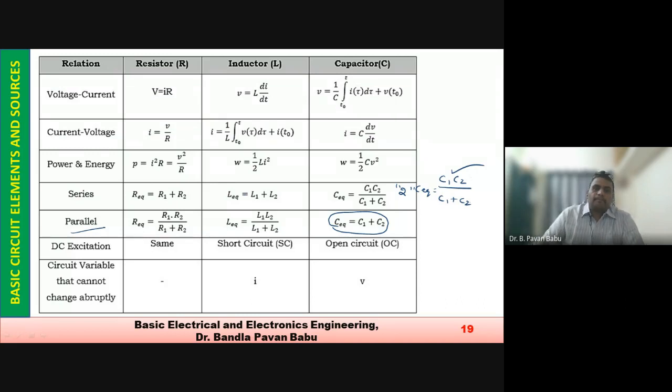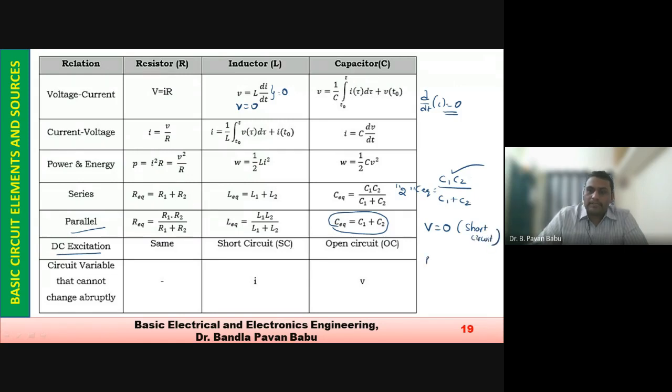Coming to DC excitation, if the current remains constant, the value becomes 0, since d by dt of a constant is 0. Hence the voltage is becoming 0. If voltage is 0, we call it a short circuit.